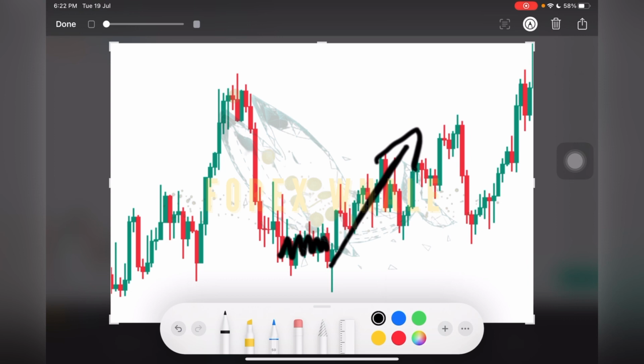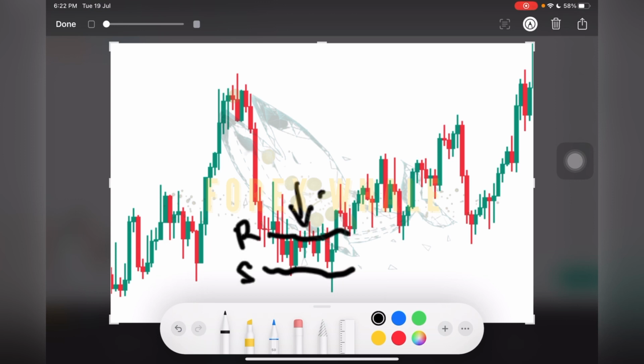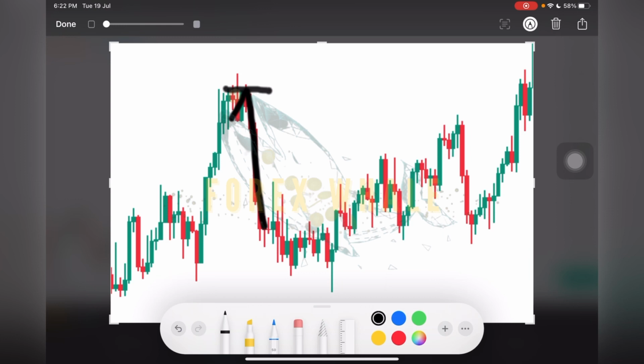Hence price did not sell off, but instead it went all the way up. So this is the kind of SNR. This is the resistance, this is the support. This is minor SNR. We don't want to focus on that kind of SNR. We just want to focus on SNR that does this. Look, this is a very strong one, so this is a resistance level, this is also a support level.